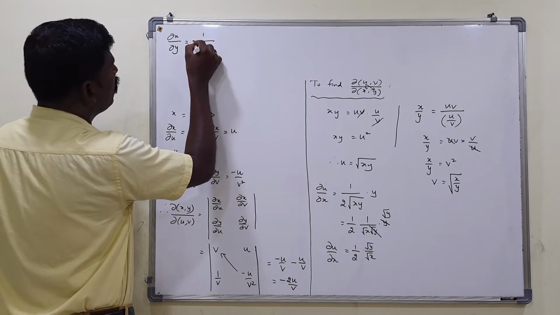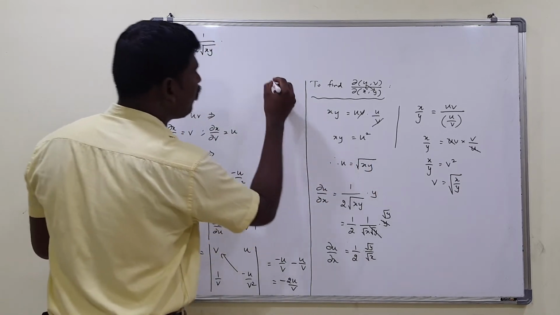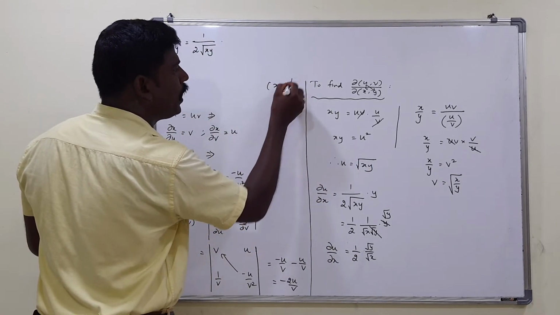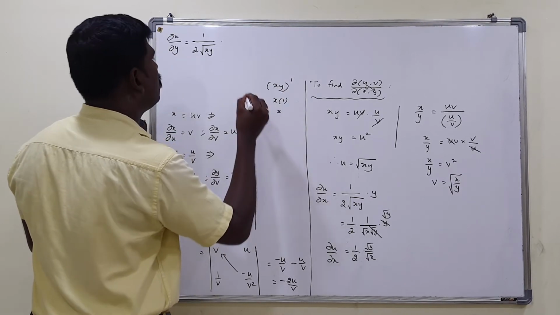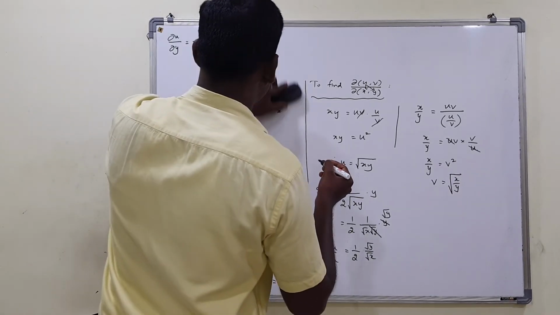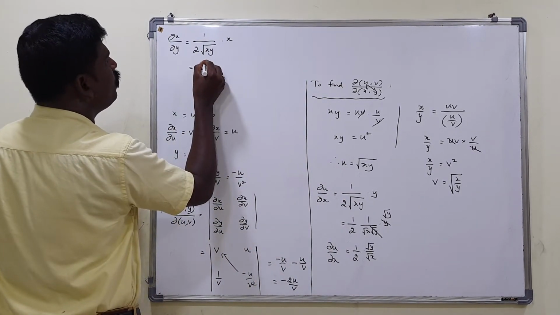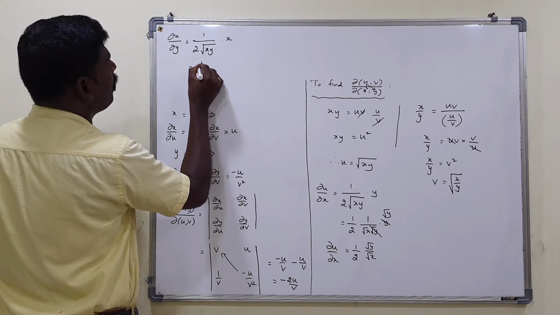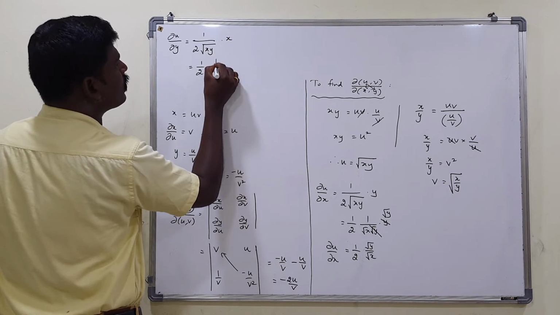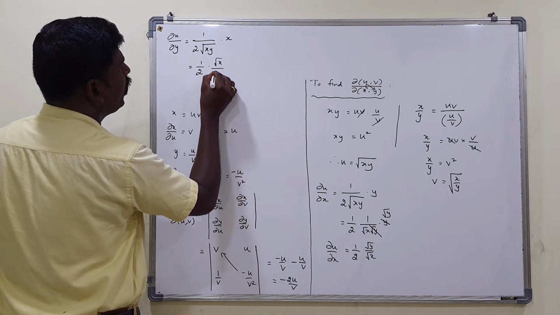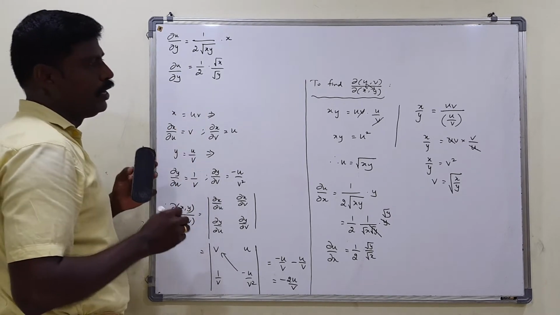So 1 by 2 into root xy into the derivative of xy with respect to y. x becomes constant, so we keep it the same, x into 1, it becomes x. So strike out that x with root x, and you get root x remaining in the numerator, by root y. So 1 by 2 into root x by root y is the value of dou u by dou y, right?